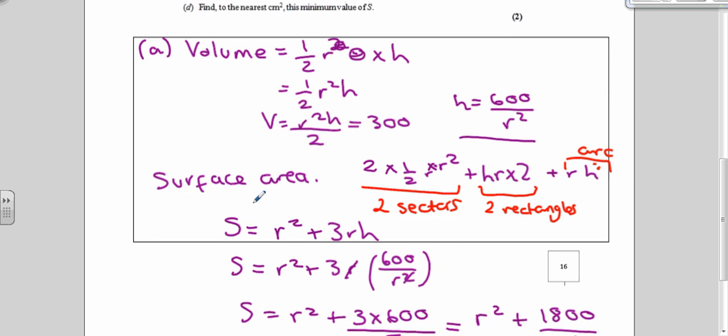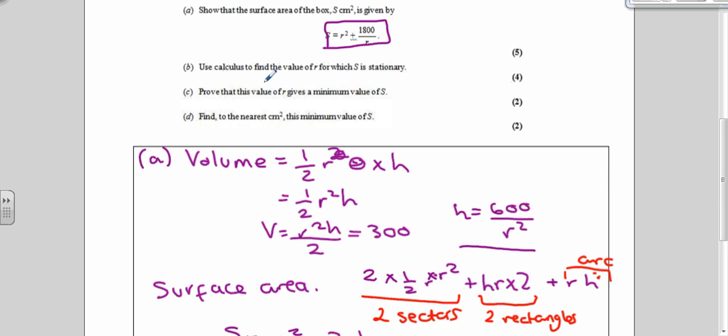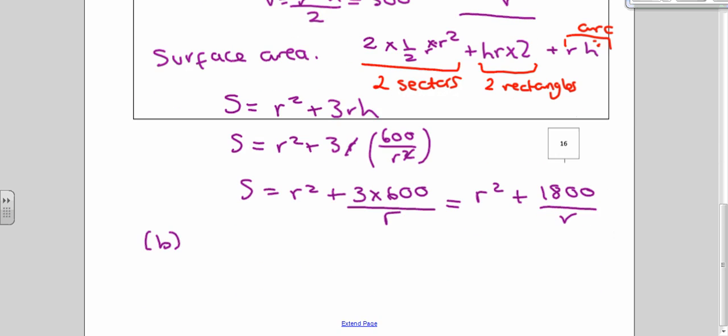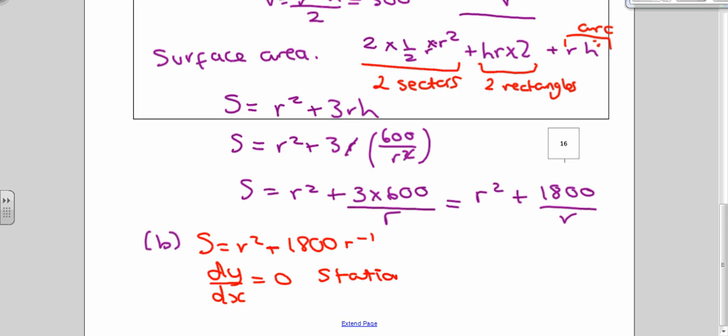Now we are asked to use calculus to find the value of r for which S is stationary. So if we have S equal to r squared plus 1800 r to the power of minus 1, we can find a stationary point by differentiating, so dy by dx, and finding where that is equal to 0. So that's where we will find a stationary point.